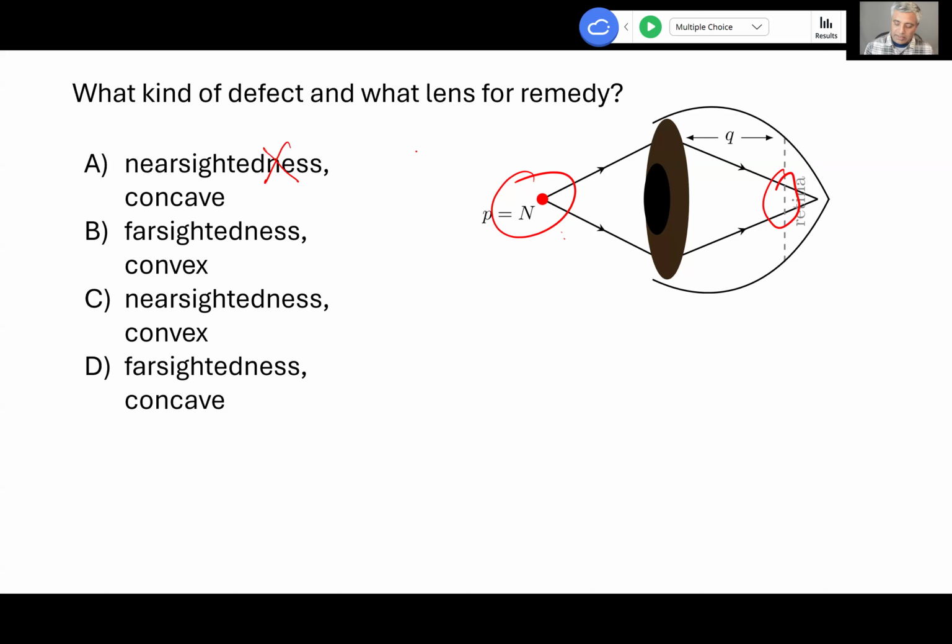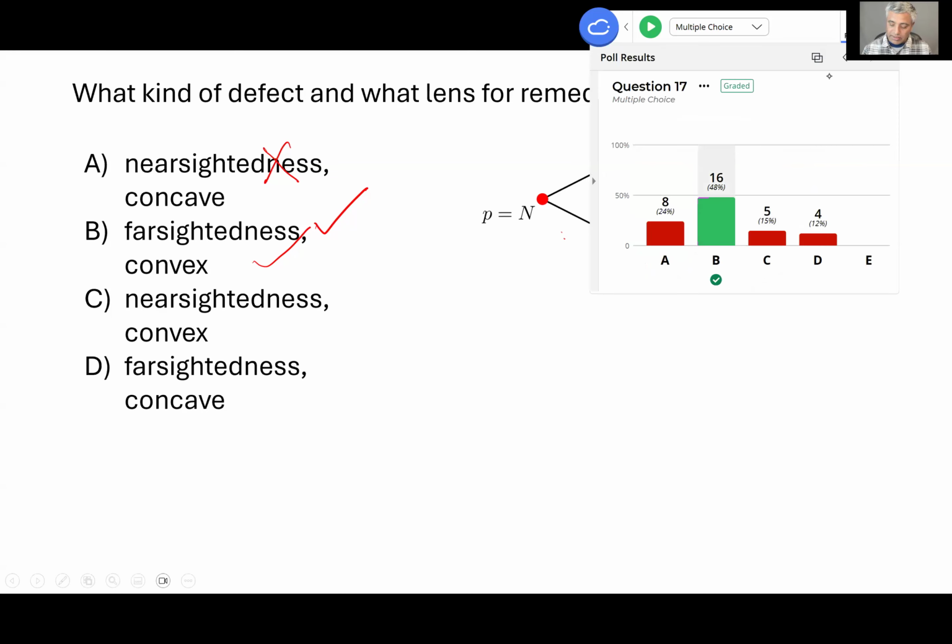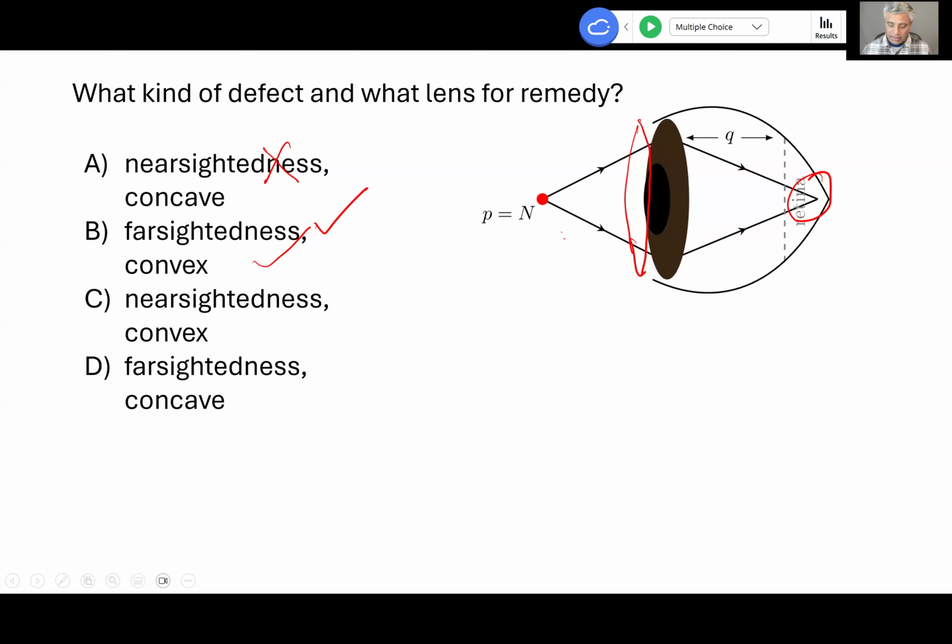It is farsightedness. It can see far just fine. And since the rays of light are going far from the retina, maybe a converging lens will help. Converging lens means convex lens, another name for a converging lens. So yes, B is the correct answer in this case.